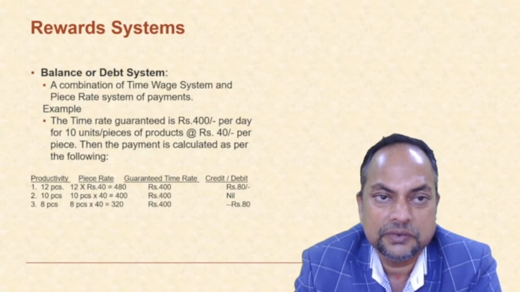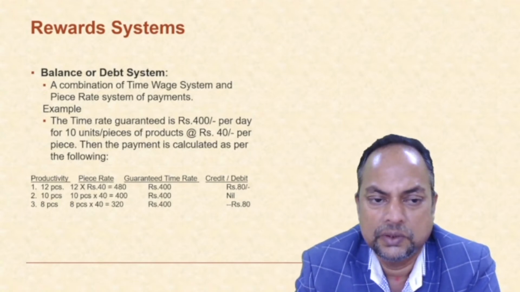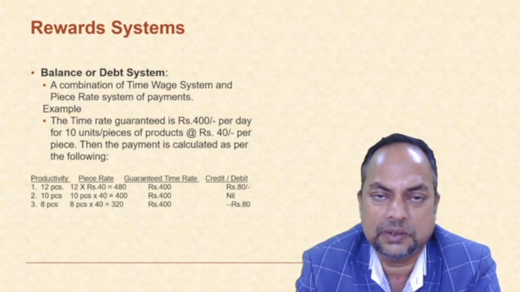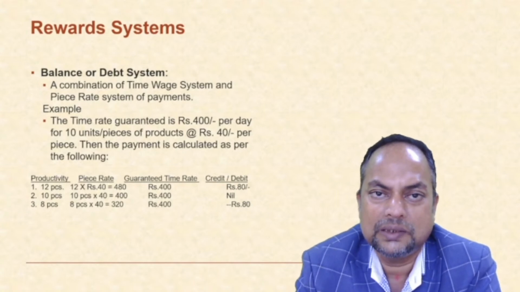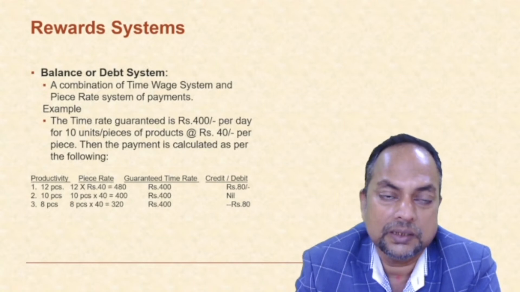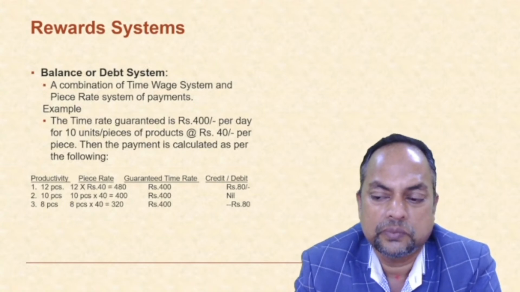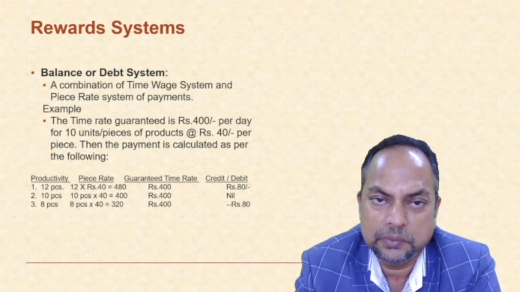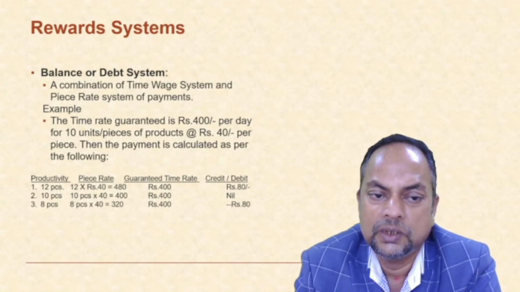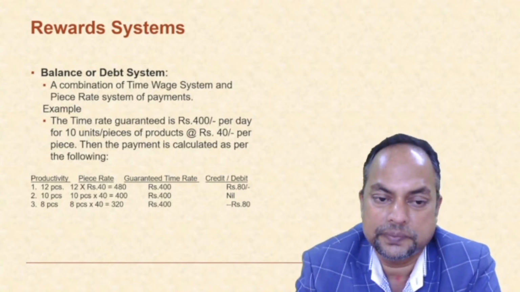In the second case, if the number of units produced by the employee is as per the standard 10 pieces, the piece rate system ensures 400 rupees payment, and the time rate system ensures 400 rupees payment. So the balance will be nil. But in case the employee is producing 8 units per day, less than the standard, as per the piece rate system the worker should get 320 rupees, 8 pieces at 40 rupees, but the time rate guarantees a minimum payment of 400 rupees.